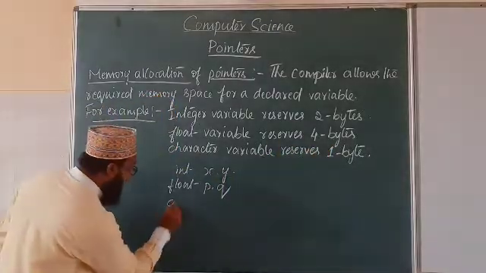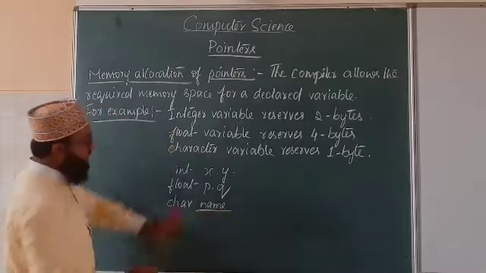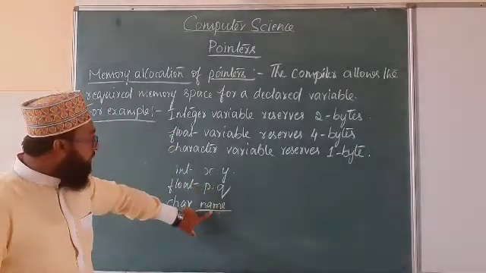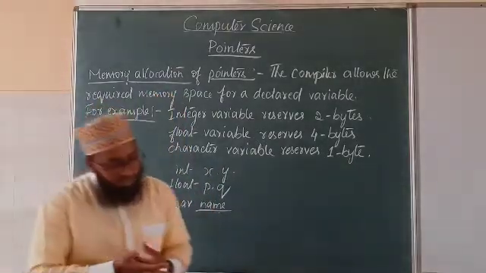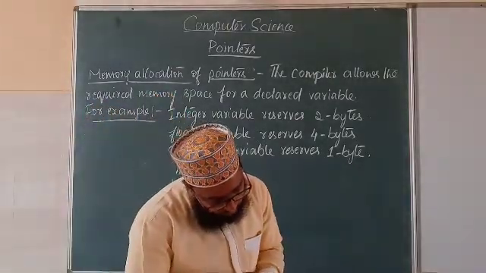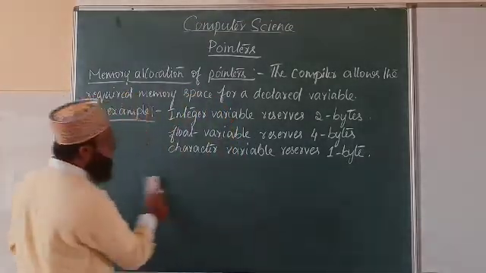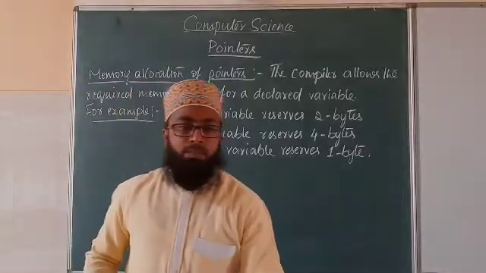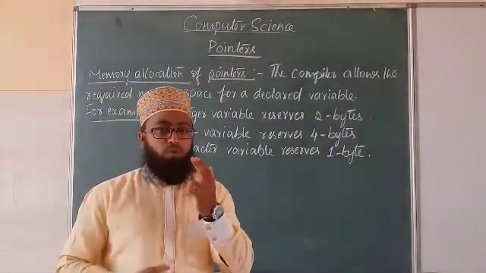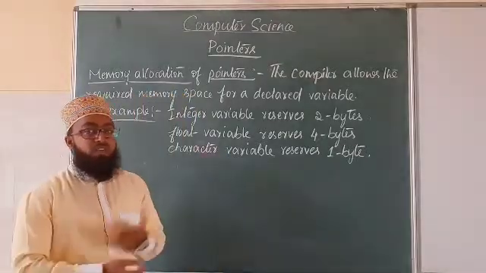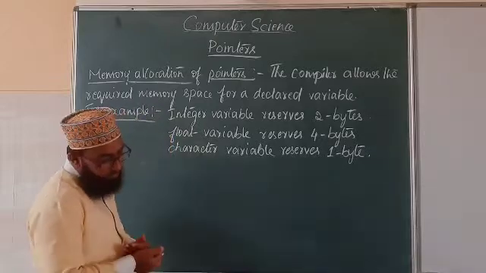If we take char name, this variable reserves 1 byte of memory. Like this, memory allocation can be done under pointers, and the memory allocation of pointers is divided into two types. Come, we shall see which are these two types.